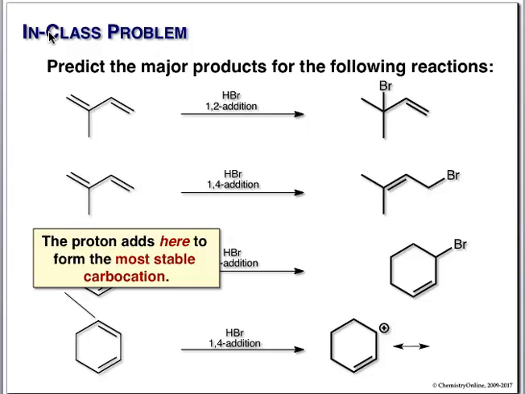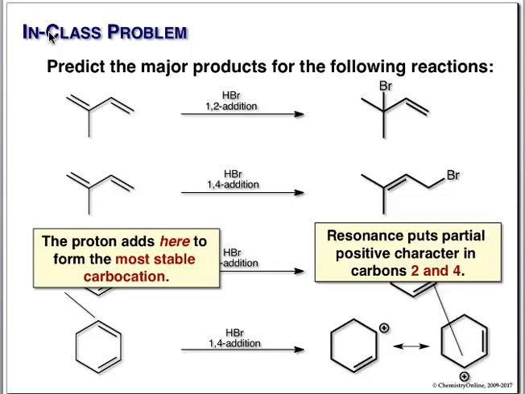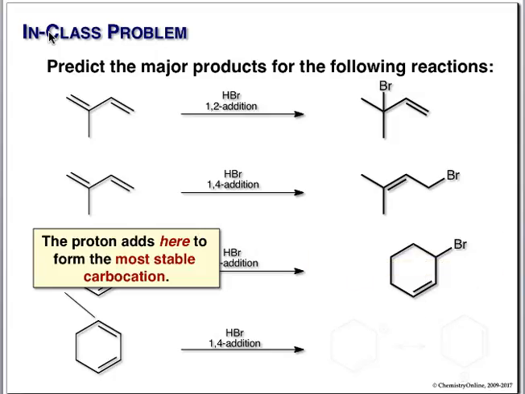And so we're going to have positive character on this carbon and down here as well. So to get 1,2, we add it here. To get 1,4, we simply add to this carbon, and our product looks like this. There's the whole thing.